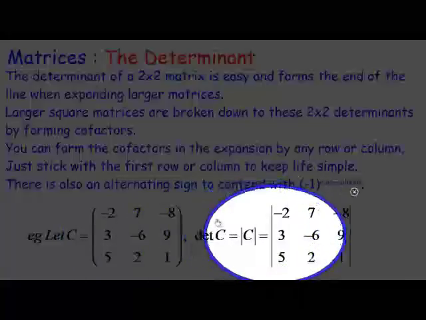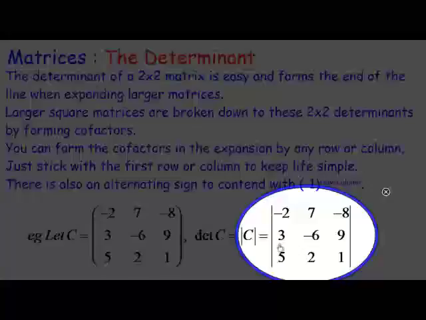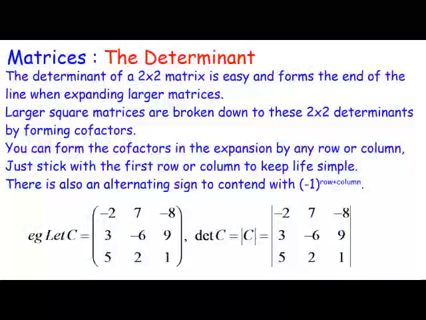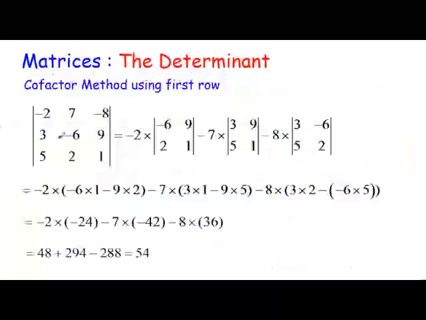But we haven't actually got there yet. So we're on the path towards solving simultaneous equations, but we're just looking at determinants at the moment. So how are we going to work this determinant out? Well, let's go over here and have a look.